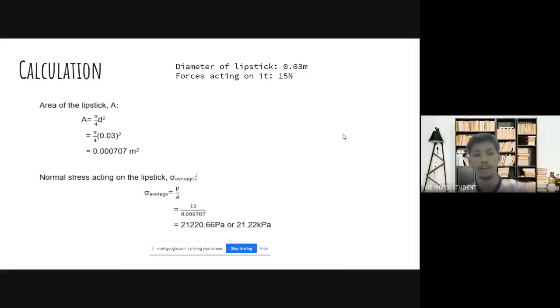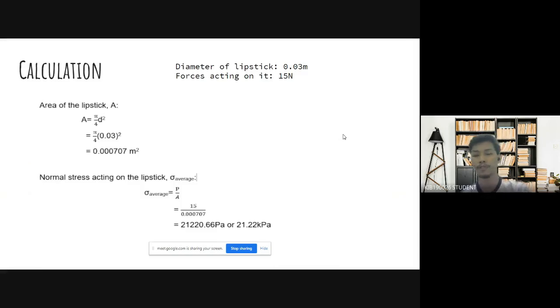Okay, hi everyone. My name is Chiar Azian, KIB 10026. So from the situation in LO1, we will do a quick calculation on how the lipstick works. We assume that the diameter of the lipstick is 0.03 meter and the force acting on the lipstick is 50 Newton.